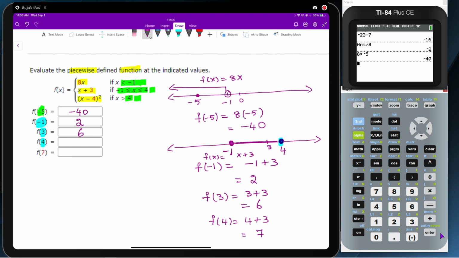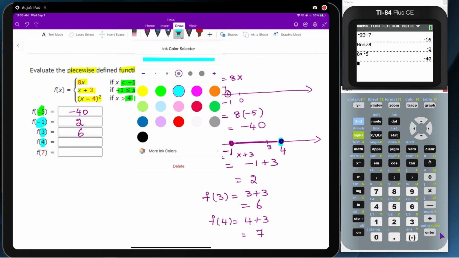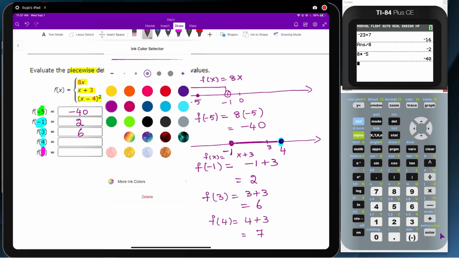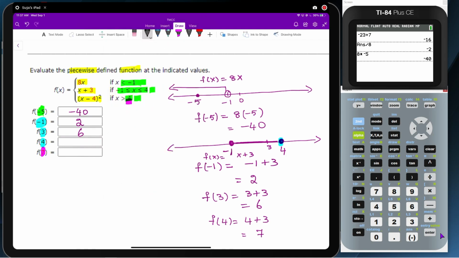Now the last one is going to be in the third piece, because this is my x greater than 4. If I draw my third piece here, if this is my 0, this is my 4, not including 4, everything to the right.